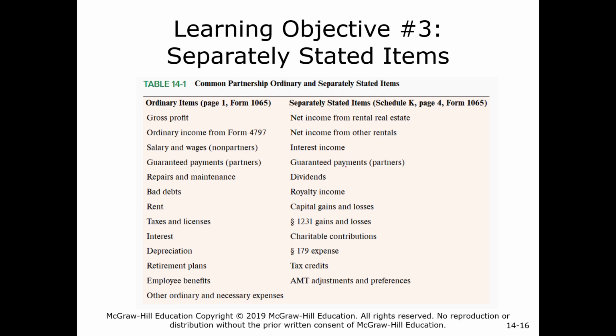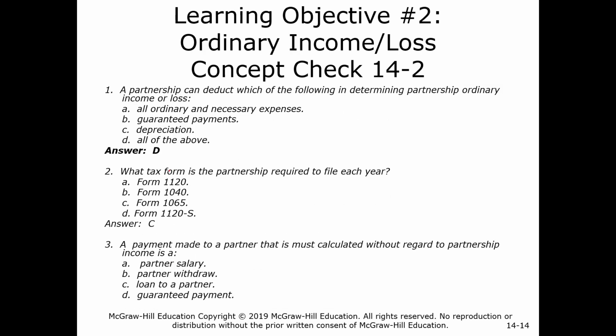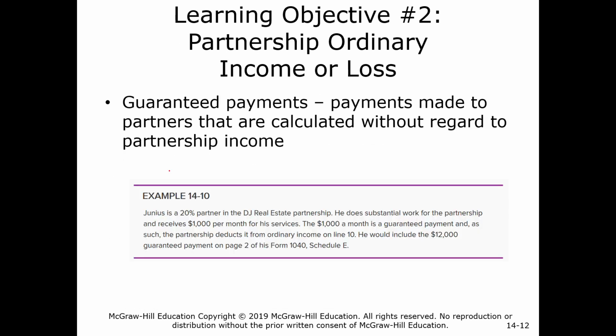The kinds of items that we are not going to include in this ordinary income or loss calculation are stated separately, because they're going to be separately reported on the Schedule K-1 to the partner. So these are not included in calculating the ordinary income or loss.